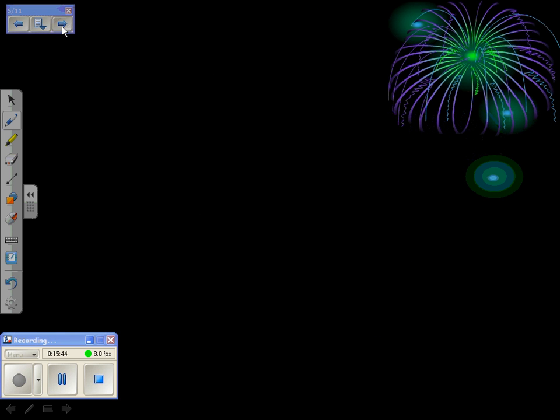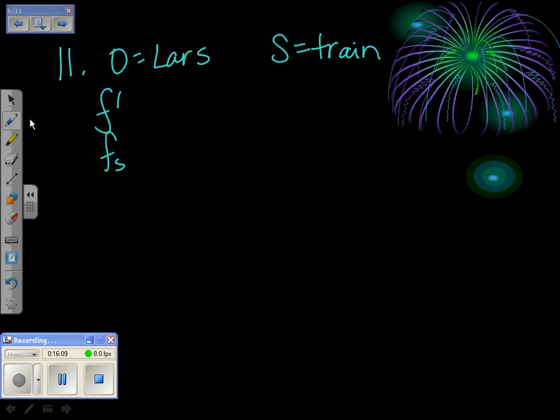Moving on, number 11. Number 11 talks about Lars jogging. So we're still dealing with frequency, and we have how fast the train is moving. So again, who's hearing things? When you read the problem, the observer is Lars and the source is the train. So F prime, Fs, V, V naught, and Vs. Let's identify what we know.